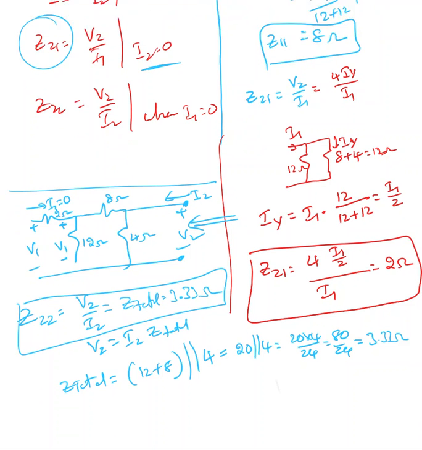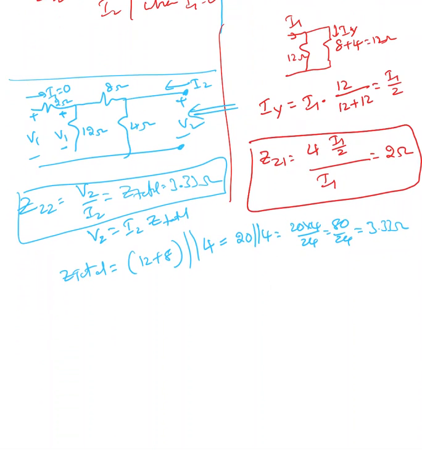Now once I have Z22, it's easy for me to find the current. All I care for is the current in this branch, Ix. So now I'm going to use the current division rule. I know I2 current is coming here. It's going to divide in two parts. If I redraw the diagram, here is 4 ohm and then here is 20 ohm, 12 plus 8, 20 ohm.